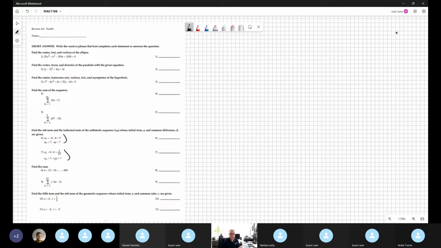Let me see, number 8 is given what? 6 plus 12 plus 18 plus dot dot dot. Remember, these 3 dots indicate that this continues forever, exactly the same pattern. Plus, and the last guy, I don't know the length of this sequence, maybe it's too long, I don't know, no idea. Is 480, I suppose it's long, and you need to find this one.